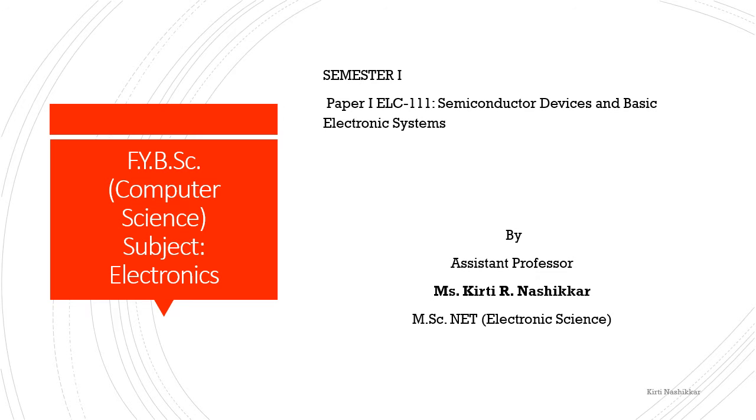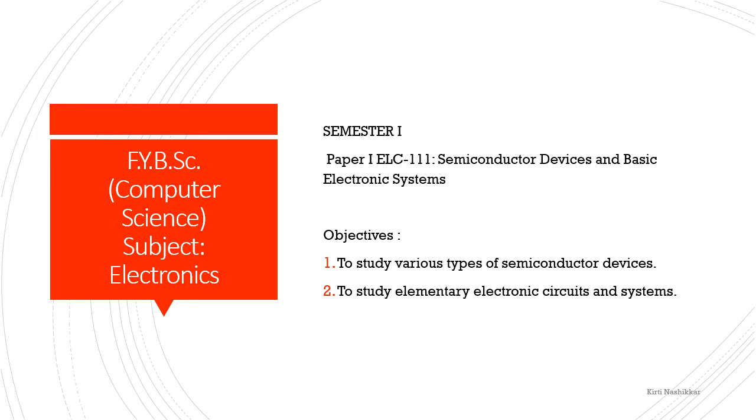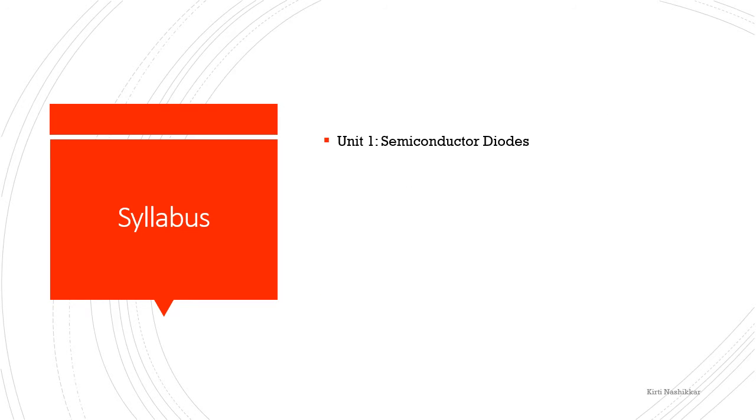Now we are into the series of objective questions for semester 1 of F.Y.B.Sc Computer Science electronic subject. Here we are discussing the first paper, Semiconductor Devices and Basic Electronic Systems. We had already discussed the first and second unit in the two videos of this whole series.